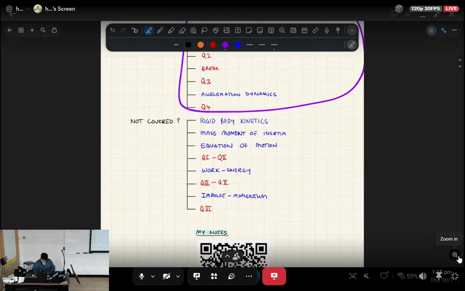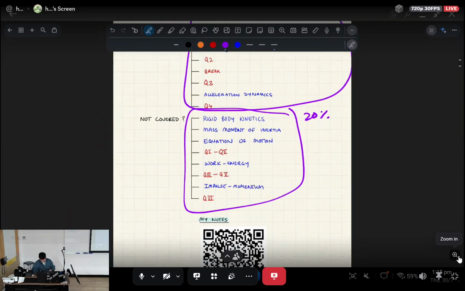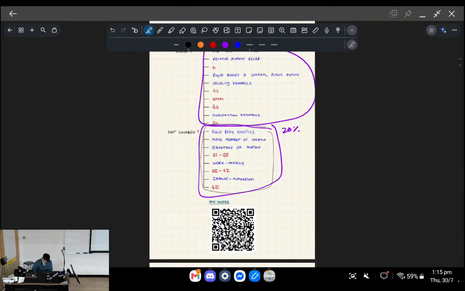But I would say don't neglect this, right? Still spend some time brushing up on your kinetics as well because of that email. Okay, so I've included my notes for it, which are in the tail end of this document, the second half of this document, basically, okay?